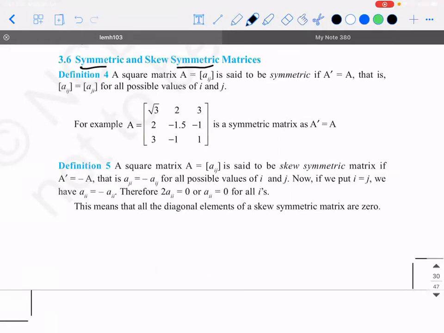So if you have a square matrix, symmetric and skew symmetric are related to the matrix and the transpose of the matrix itself, and the equality or the opposite sign. That is, whether A is equal to A transpose or A is equal to negative of A transpose.